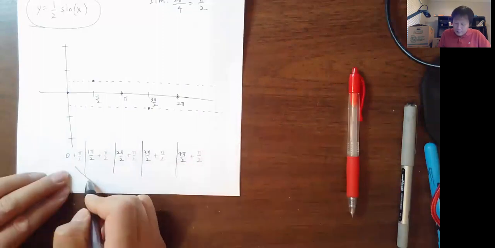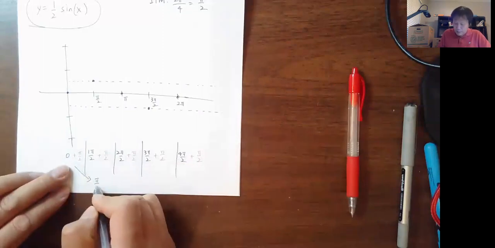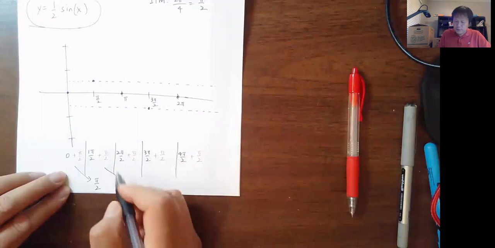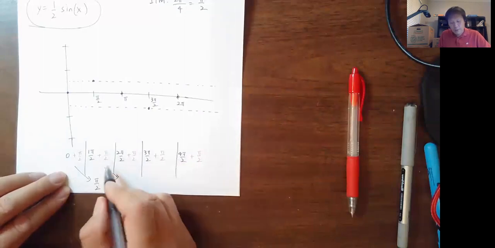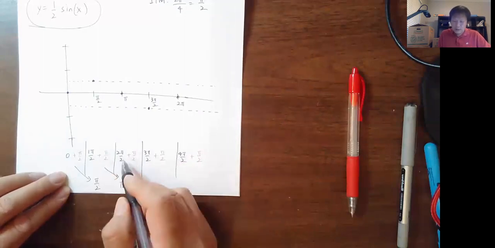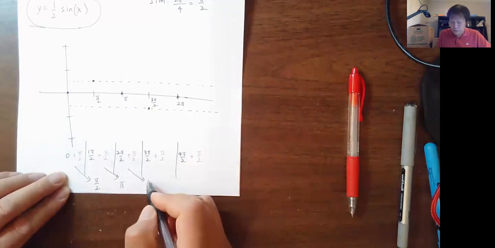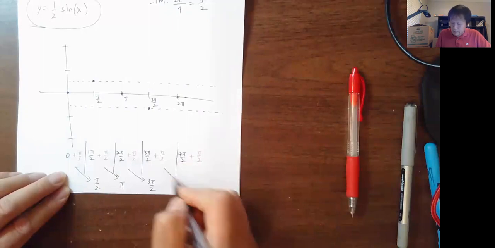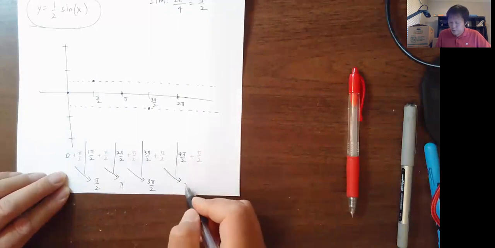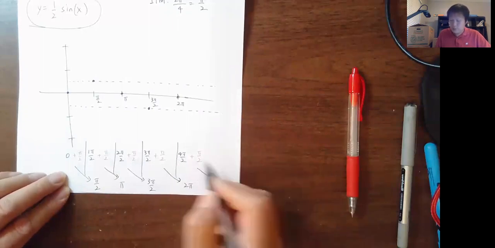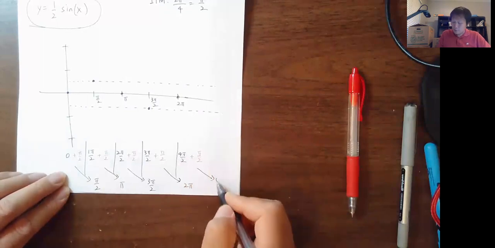If you add it, that's going to be pi over 2. This is going to be 2 pi over 2, which is pi. This will become 3 pi over 2. And that will become 4 pi over 2, which is 2 pi. And this will become 5 pi over 2.